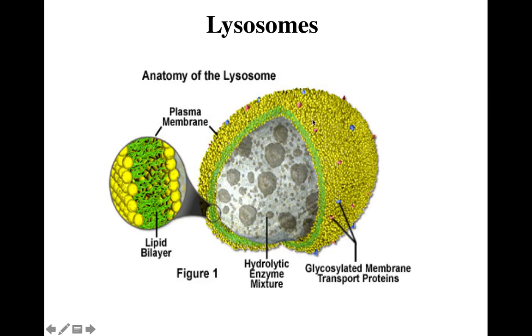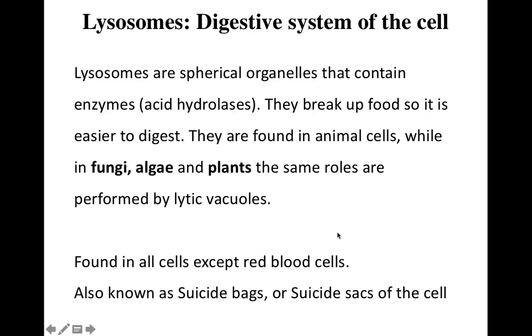Generally, the lysosomes are spherical in shape and they contain specific enzymes, what we call acid hydrolases. Why do we call them acid hydrolases? Hydrolases means that these are the enzymes which are involved in hydrolysis or breakdown of the products. And acid comes from the acidic environment that these enzymes work at.